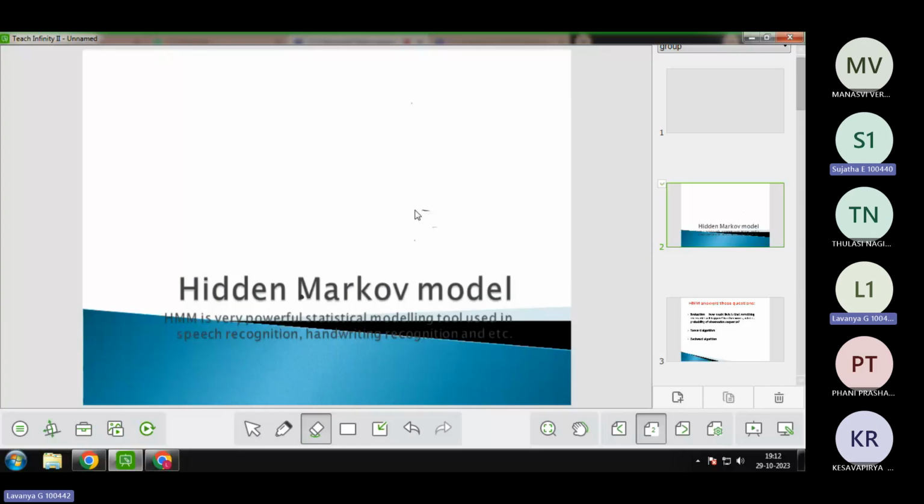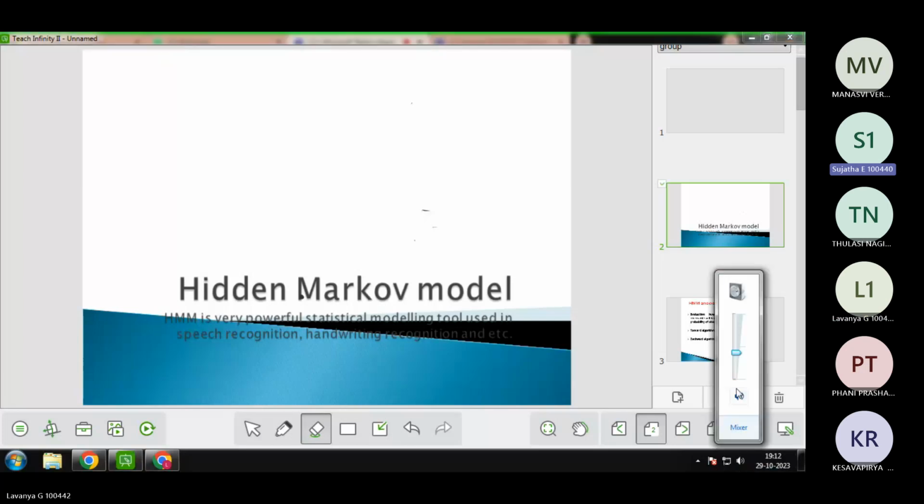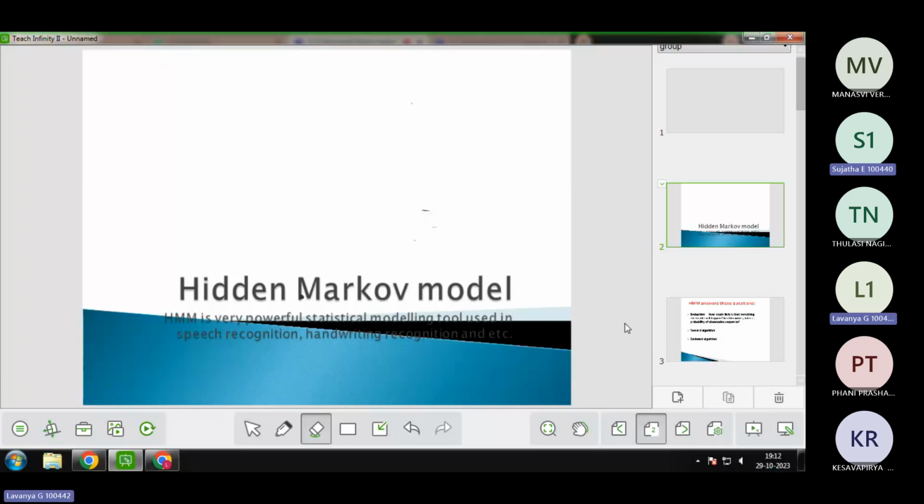We start today's session on hidden Markov models. These hidden Markov models are, in a way, a specific model under your Markov model, which was dealt with in yesterday's class, that is the previous session. Whenever you study Markov models, what did you understand? You were talking about steady state probability.